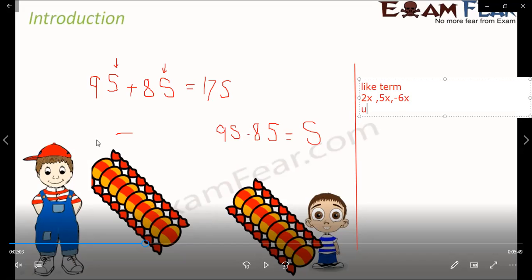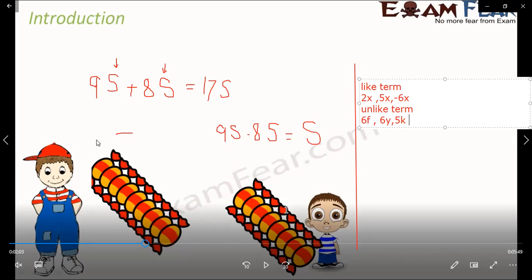What about unlike terms? Unlike terms are 6f, 6y, 5k. This one represents unlike terms. Then if I want to add or subtract, we have to combine the like terms together.